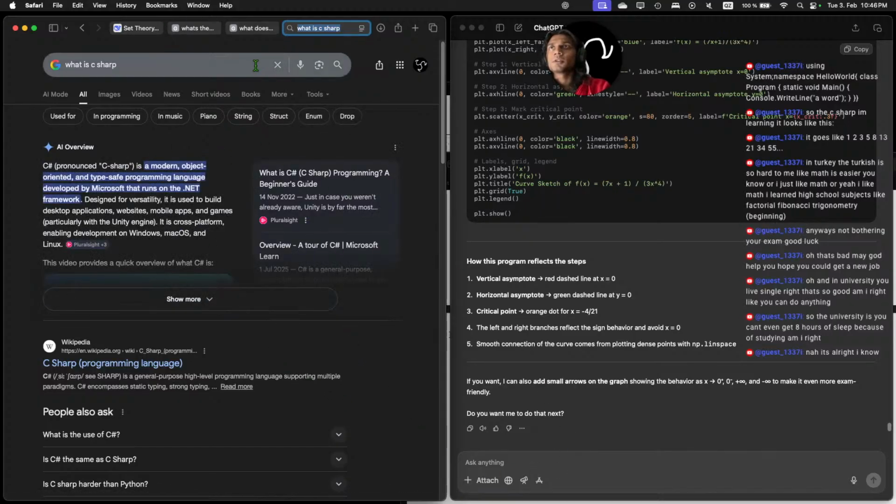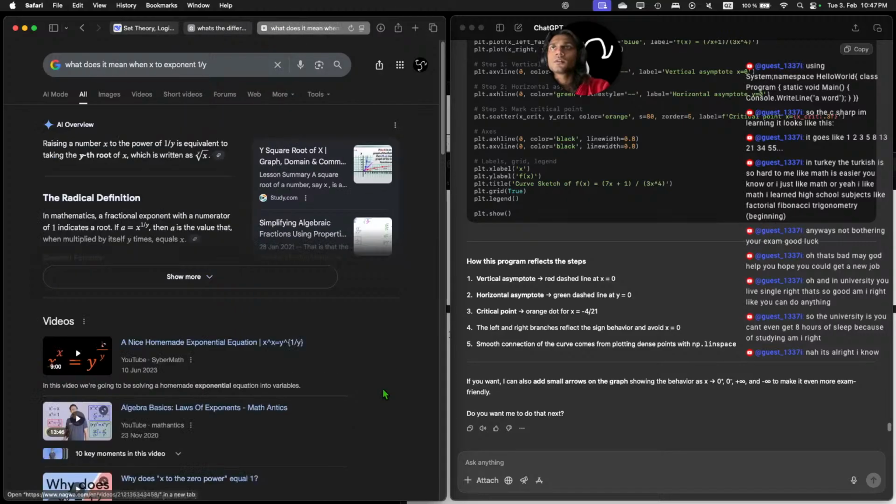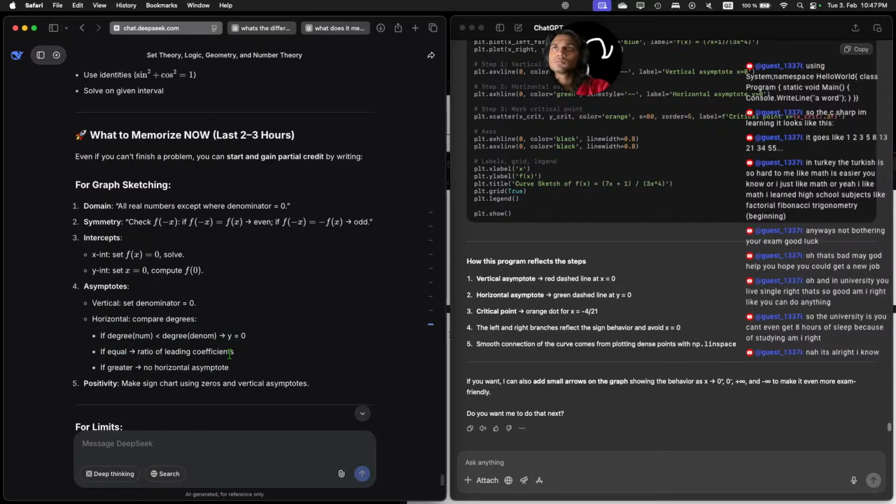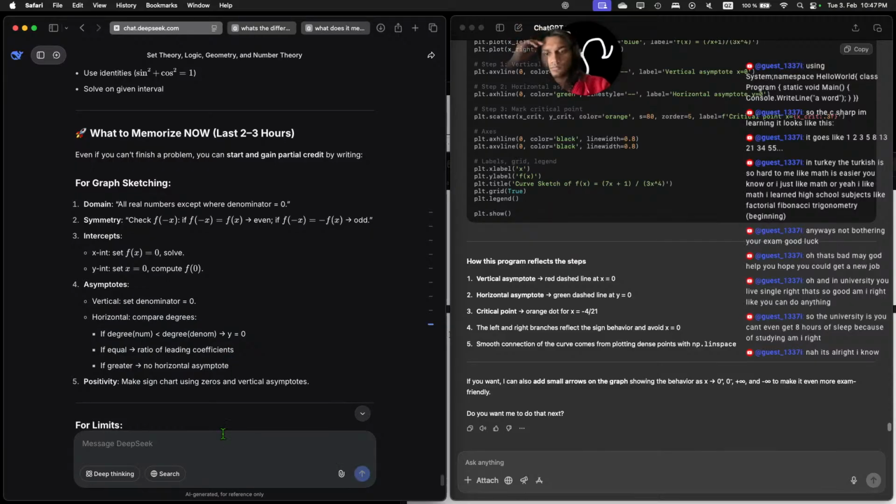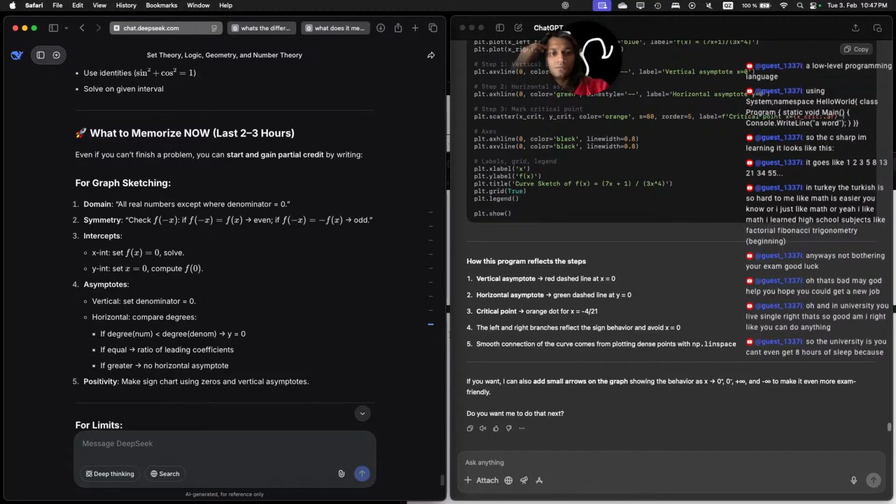Okay, it's a programming language. A low level programming language. Okay, I mean, it is kind of similar to Python. At least for me, it felt a little bit similar.